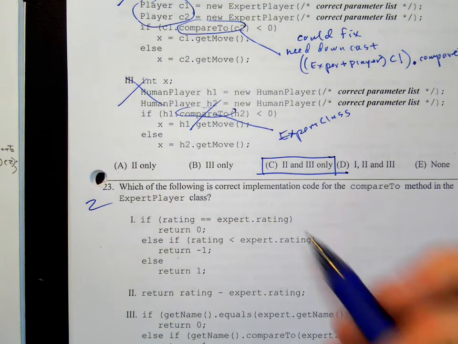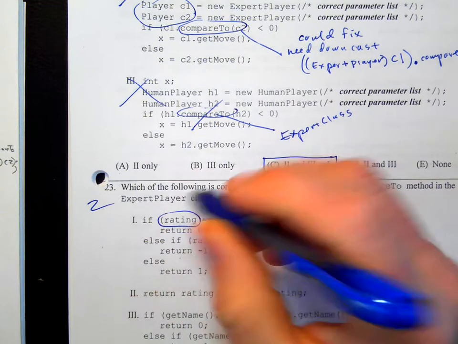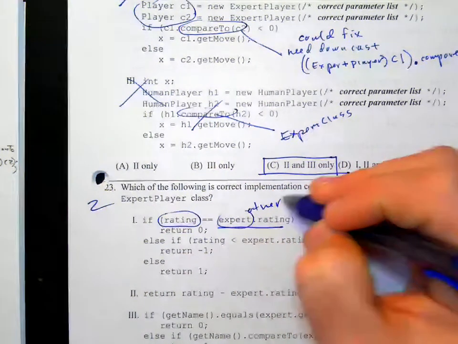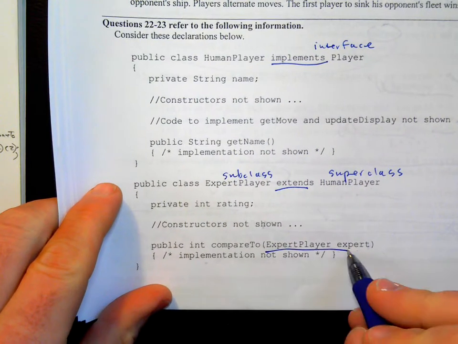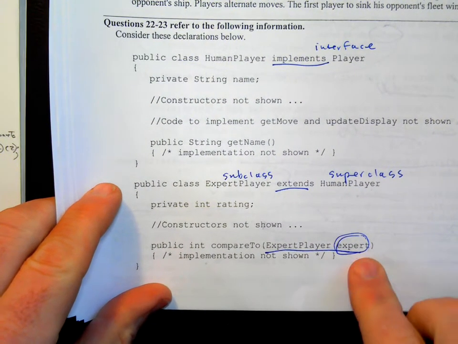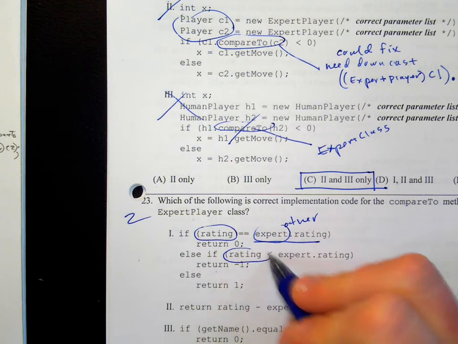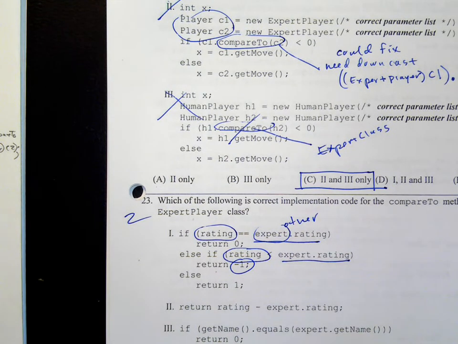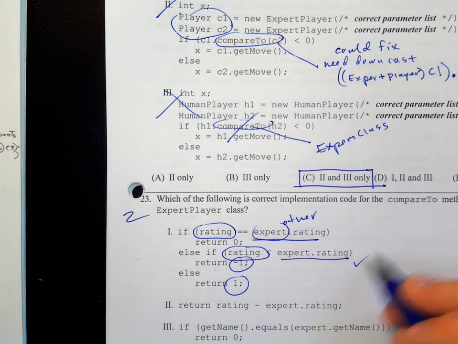So if the current rating of the current expert player equals the other, this is the other expert player that got brought in. If you look at this, it brings in another expert player, calls it expert. So that's the one you're comparing this one to. And so if they're the same, it's 0. If the current rating is less than the other guy's rating, then we should return a negative. And otherwise, return a positive. So that one looks good.